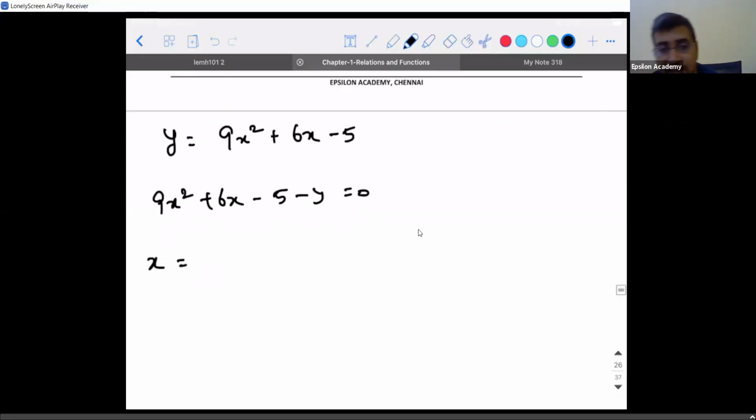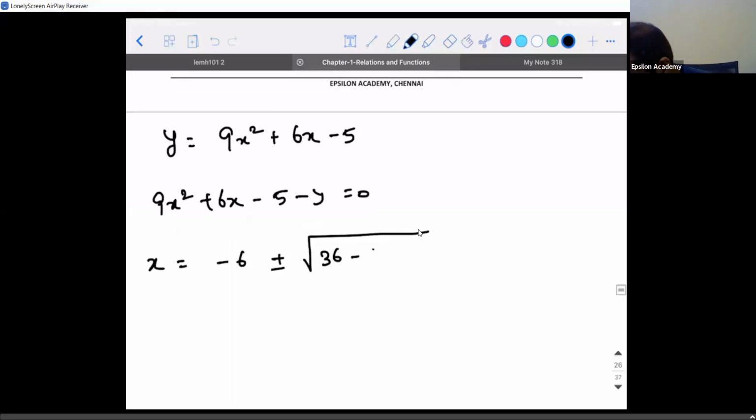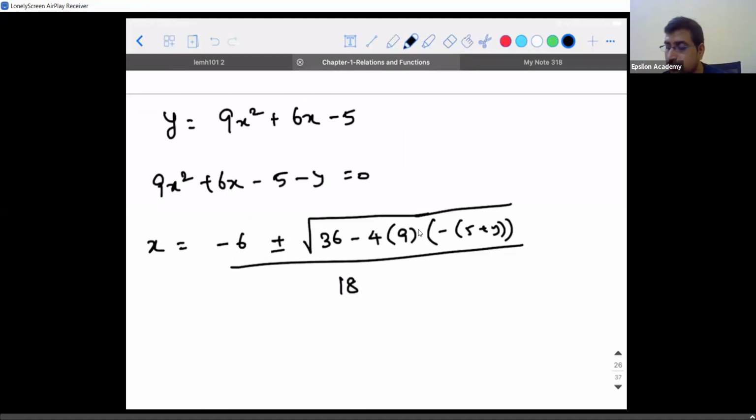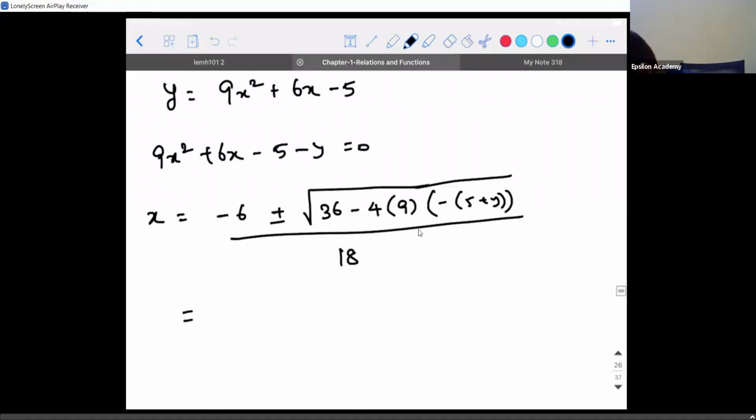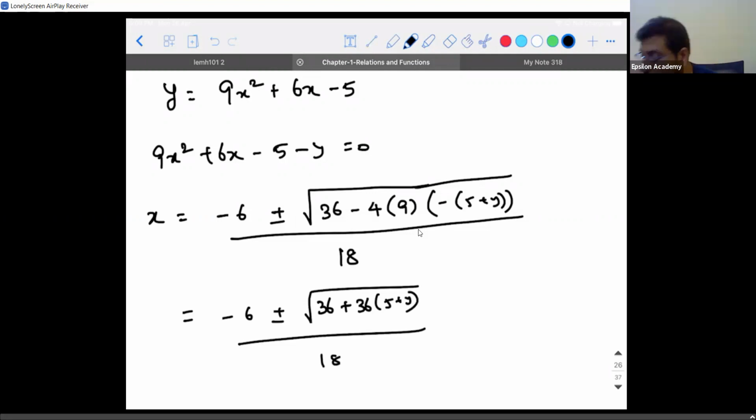So using the quadratic equation, x = (−6 ± √(36 − 4·a·c)) / 2a, where c is −(5 + y). That is, x = (−6 ± √(36 + 36(5 + y))) / 18.